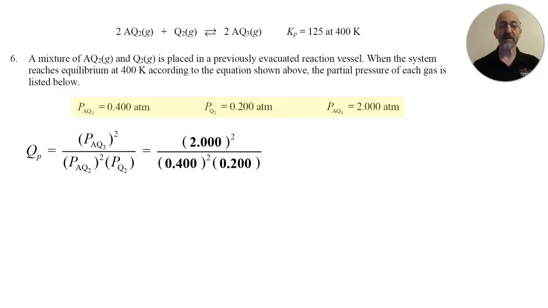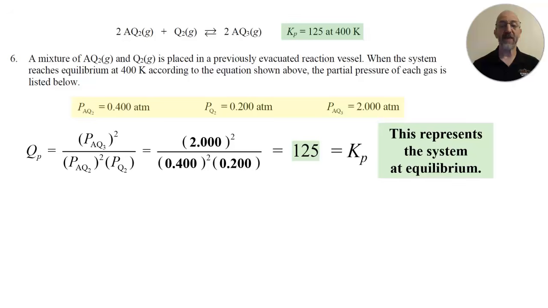So 2 squared divided by 0.4 squared, and then also divided by 0.2, yes, we do get 125, which means that the reaction quotient Q is equal to the equilibrium constant K, and if Q equals K, then this represents the system at equilibrium.